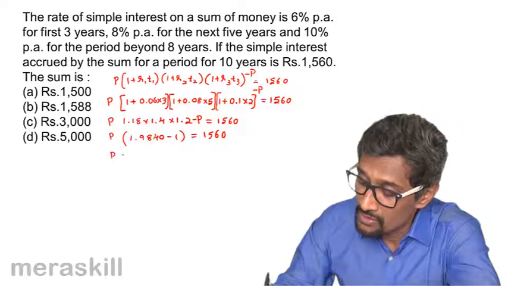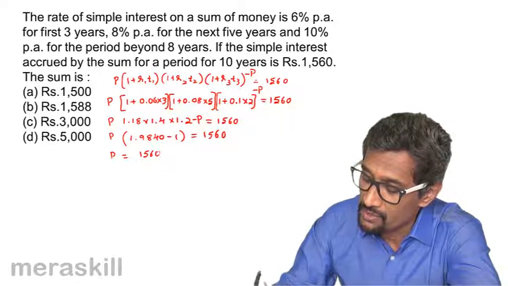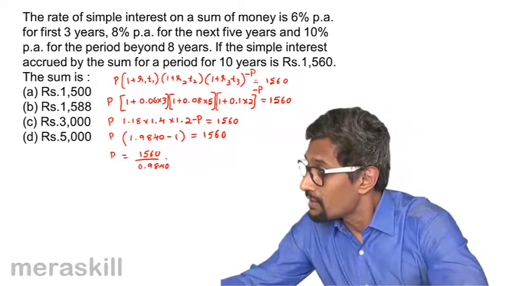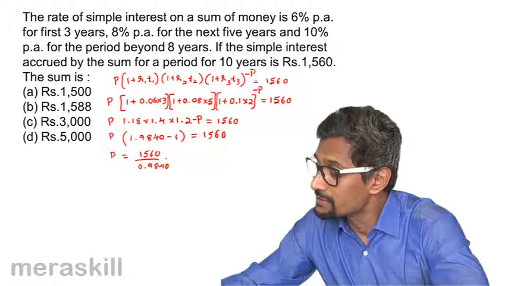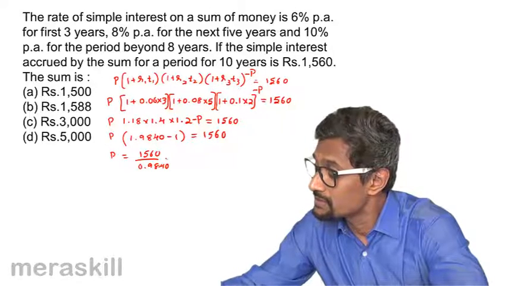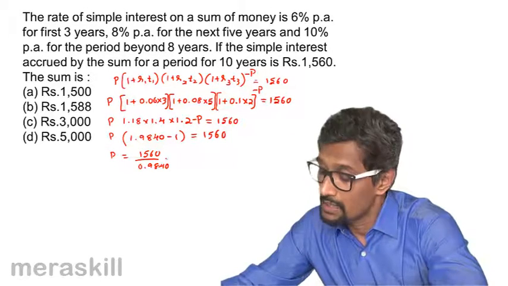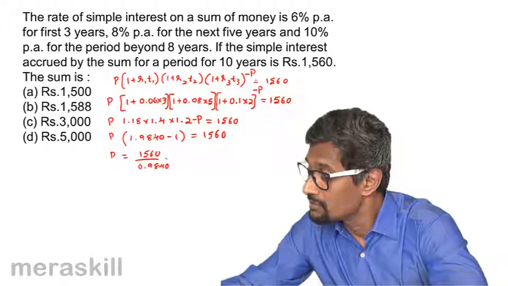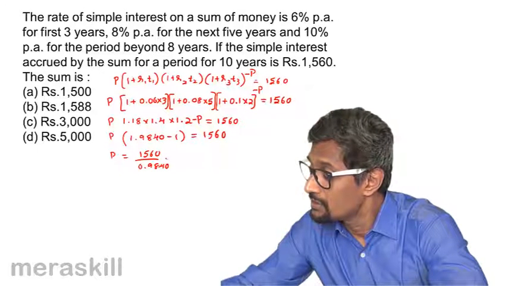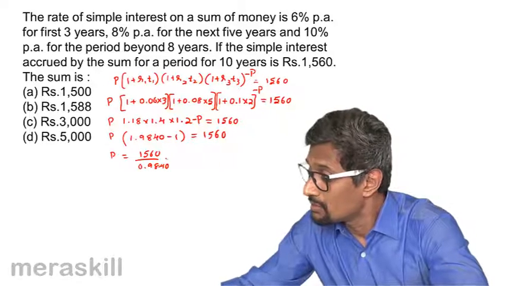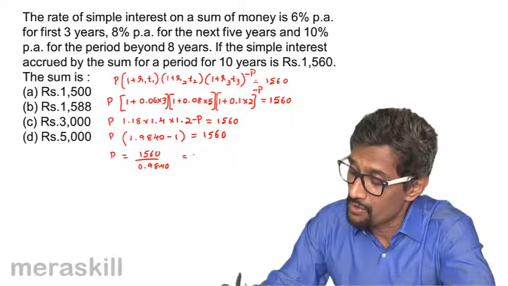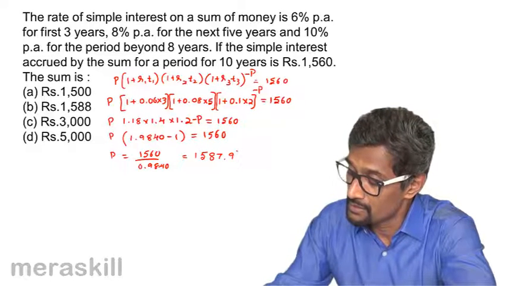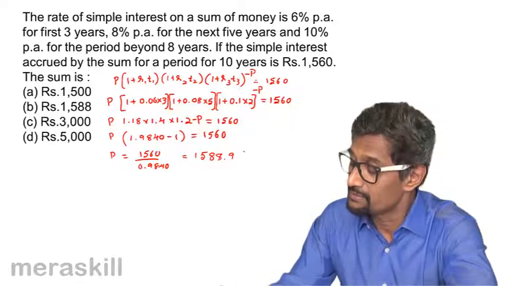So this will turn out to be 1560 divided by 0.9840. So we have, which works out to be roughly around 1587.9 or something, 1588.